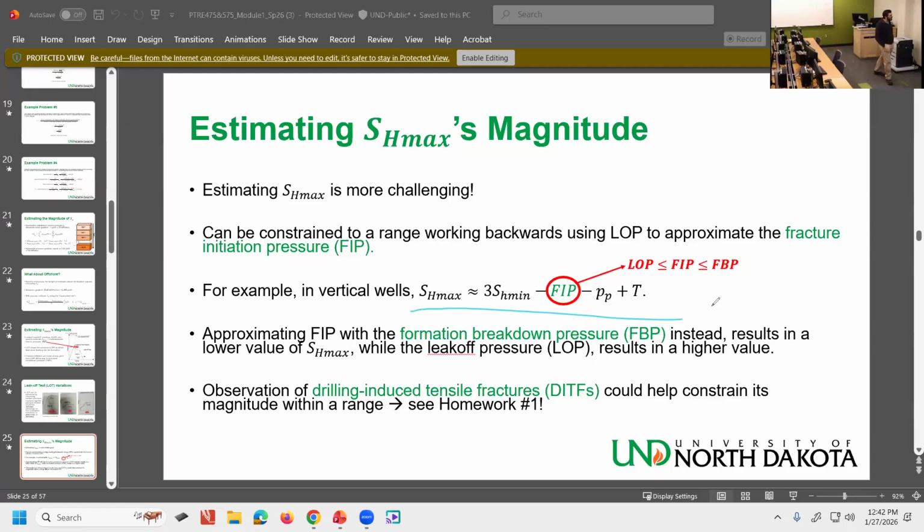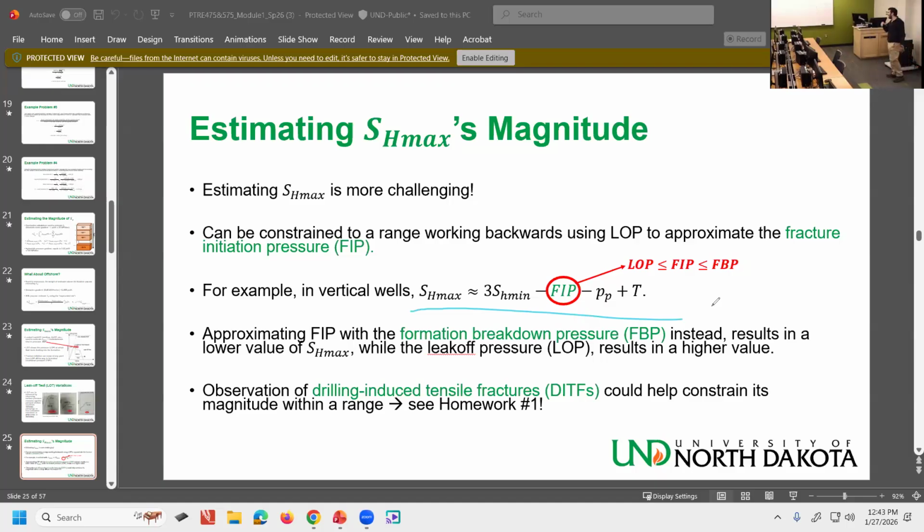Now, FIP in this equation is, we said you can have fractures initiating from pressures as low as the leak-off pressure to as high as the formation breakdown pressure. Leak-off pressure is the lowest pressure at which you can get a fracture to initiate. That's pretty low. That's where you normally get fluid leaking into the surrounding formation.